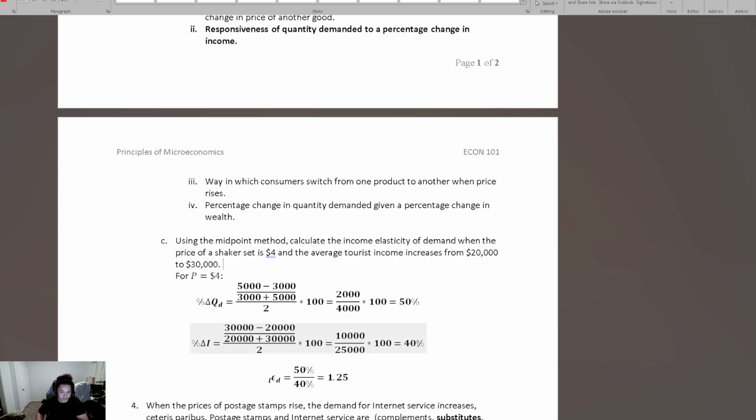Then we multiply that by 100, and that gives us our percentage change. And then in order to get the elasticity, again, remember, always finish it by bringing these two together: our percentage change in quantity divided by our percentage change in income, and that will give you your income elasticity.